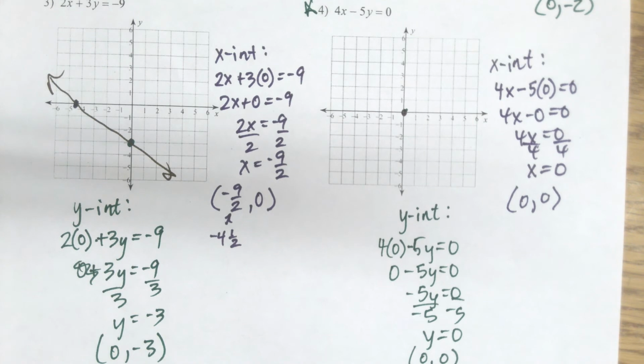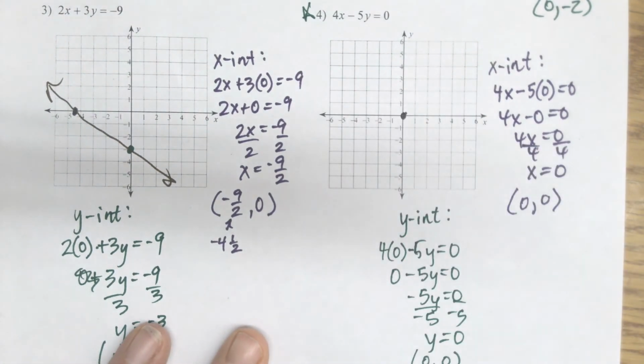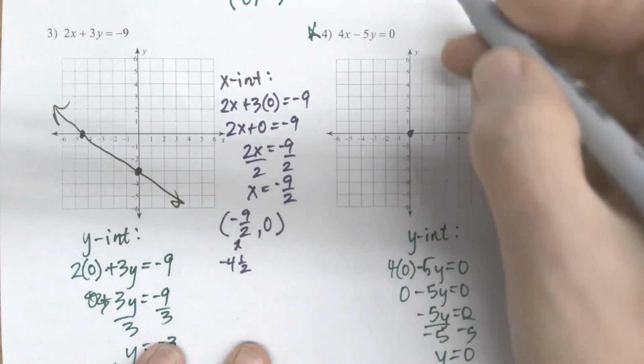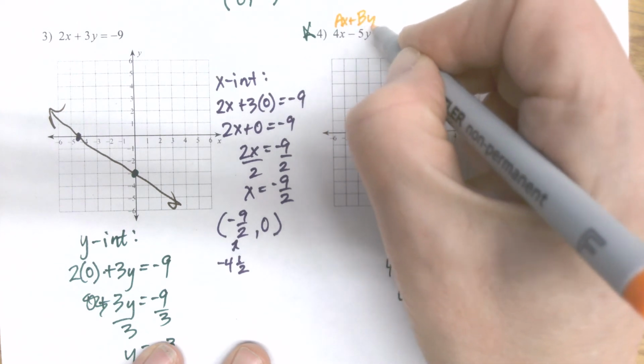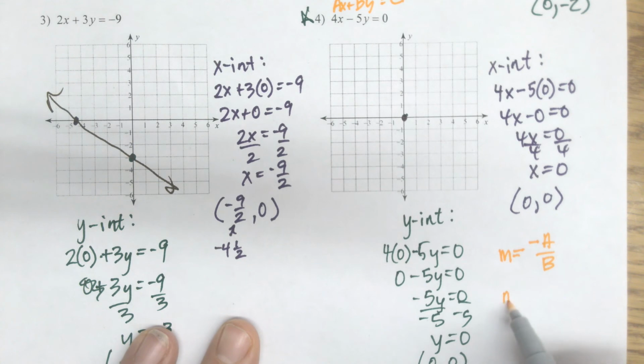And so maybe I'm going to have to use one of those techniques that we used before and find my slope. Remember, slope from standard form, this is ax plus by equals c, and slope is the opposite of a over b. So I'll do my slope as the opposite of 4 over negative 5, or 4/5.